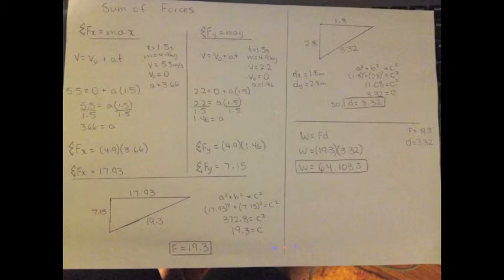We plug in our values, and once we solve, we're left with 372.8 equal to c squared. Now, we square root each side to get the c alone, and that equals 19.3. Finally, we're left with our force, and that is 19.3.